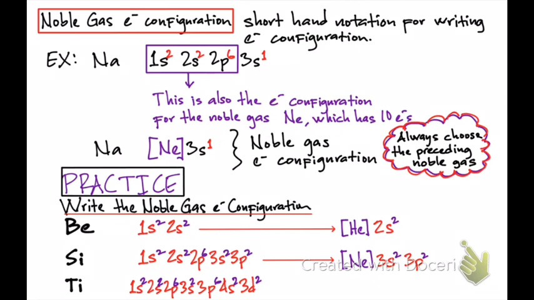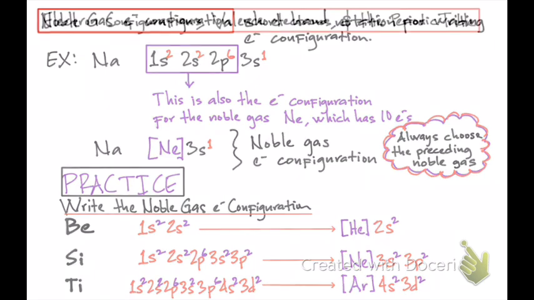And then the last one is titanium, and the preceding noble gas before titanium is argon. And argon, we know, has a total of 18 electrons. So you're going to knock out 18 electrons and then write out the rest of the electron configuration. So that would be 4s2 and 3d2. So the symbol for argon, and then the rest, 4s2 and 3d2.